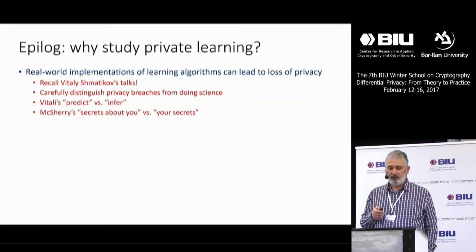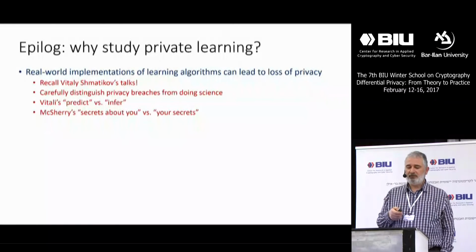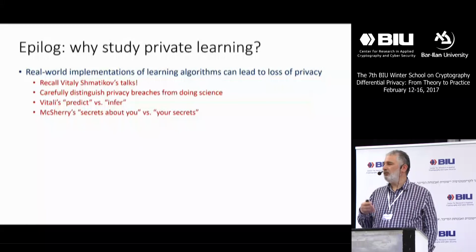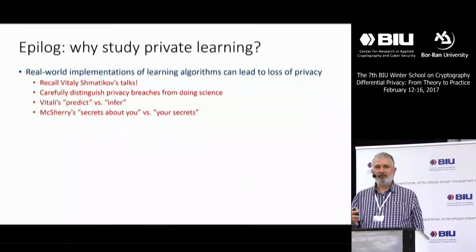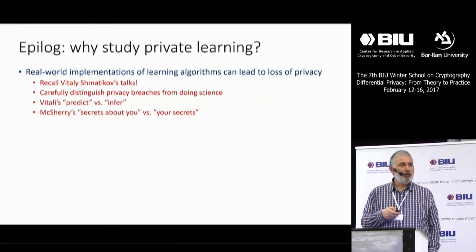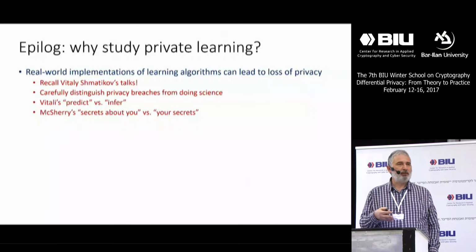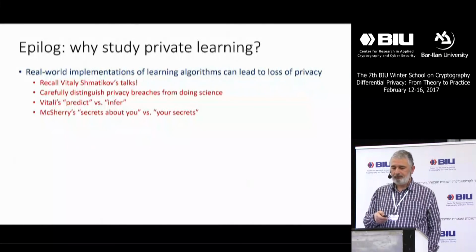I also recommend looking at Frank McSherry's blog posts where he distinguishes between what he calls secrets about you, which are things that you thought are secrets, but if I learn them about other humans, then I also learn them about you, and what he calls your secrets, secrets that are specific to you.